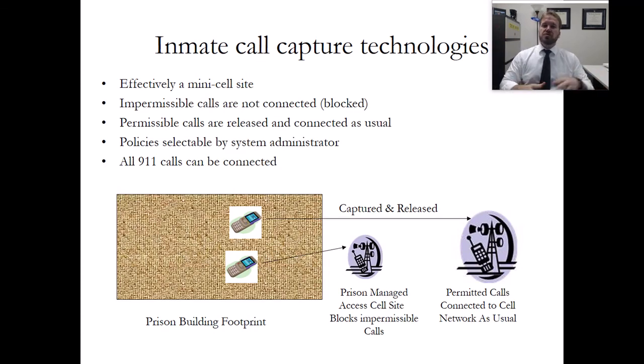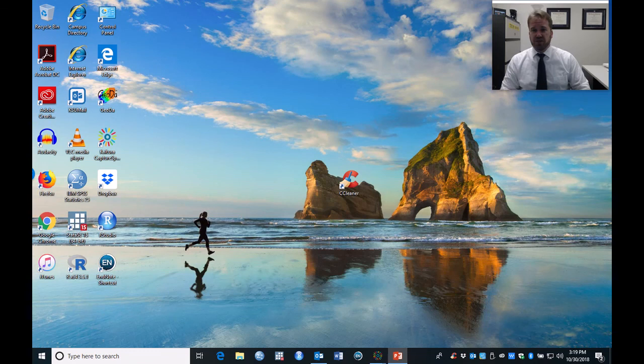But permissible calls, such as calls from the warden and things like that, will be permitted to go on through to the cell phone tower. This builds on the limitations of jamming, so it prevents the inmates from calling people, but it allows everyone else to. And so that is a little bit better, right? And so that is the last of that.